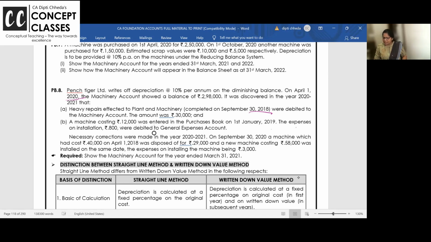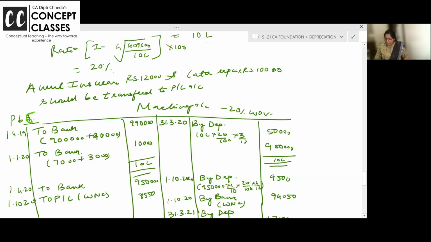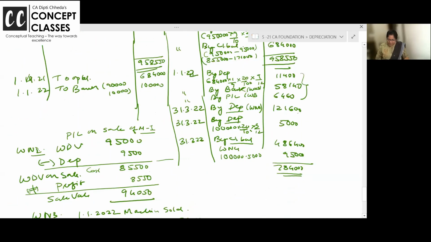Same way, 12,000 was entered in the purchase book, whereas it should have been capitalized. But if it would have been capitalized, you would have charged depreciation also on that, no? So correct these values and then start the problem for 20 and 21. You have to make the ledger only for 1 year.